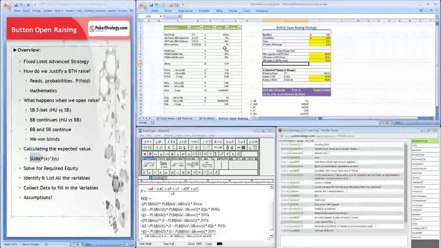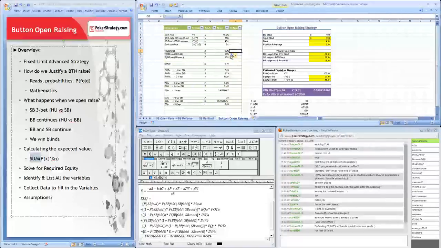And what we can do is update each of these now. This will be equal to 1 minus the probability that he continues, and this one's going to be equal to 1 minus the probability that he 3-bets us.